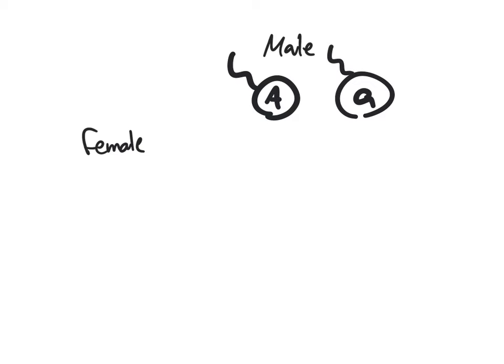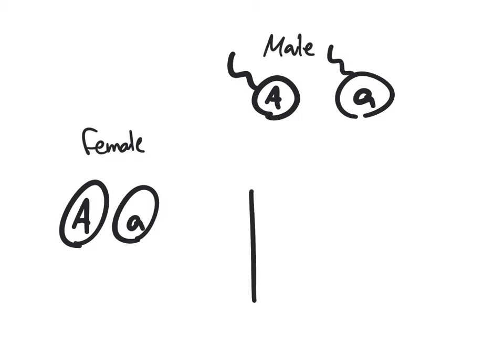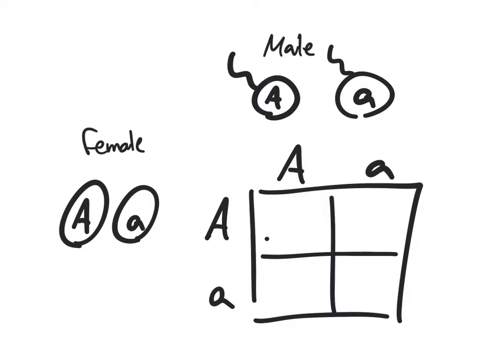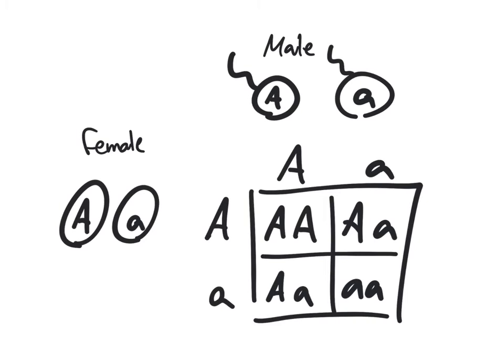If the male is going to make two possible kinds of sperm, big A or little a, and the female can make big A or little a eggs, then we put that together in what is called a Punnett square, where the male will either give big A or little a, the female will either give big A or little a, and we're left with a Punnett square that looks like this.